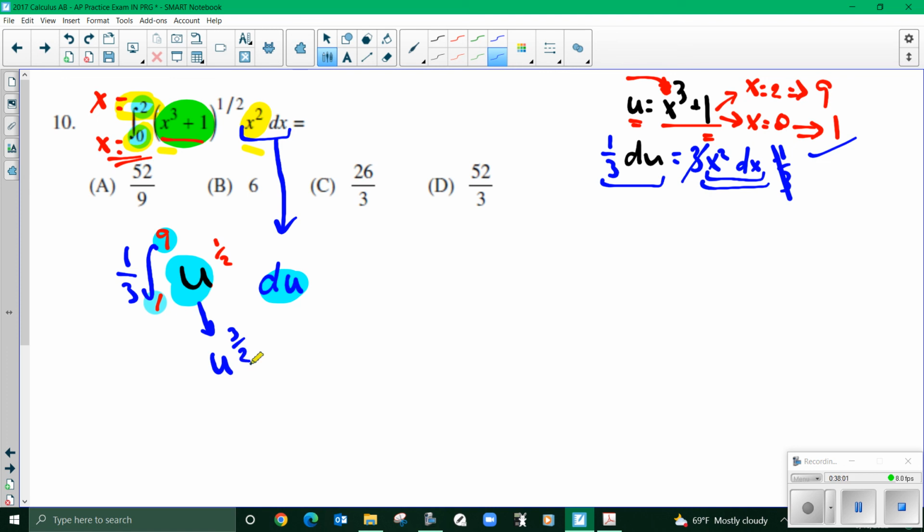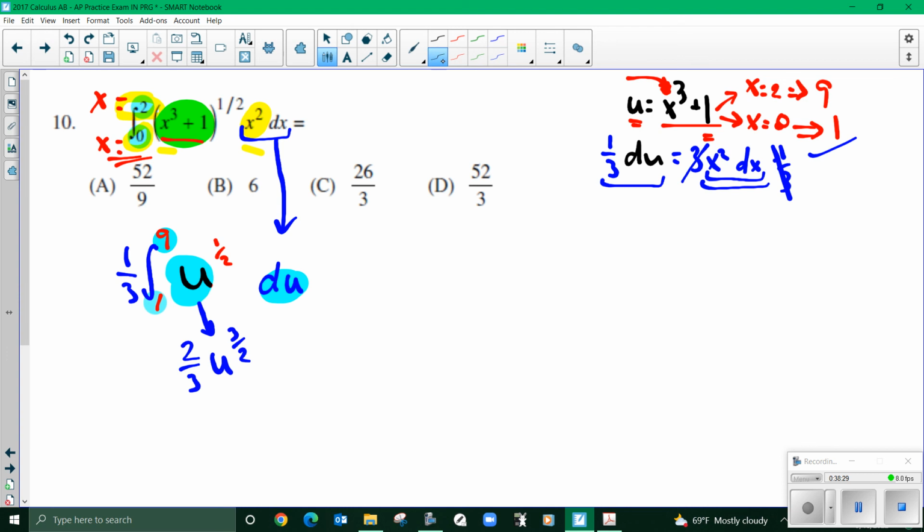I train my students to say, whenever I divide by a fraction, I multiply by the reciprocal. So I can say divided by 3/2, but that's just going to mean I multiply by the reciprocal. So I'm going to write it like that, okay? Which is going to make my life slightly easier. So the integration of u to the 1/2 is 2/3 u to the 3/2.